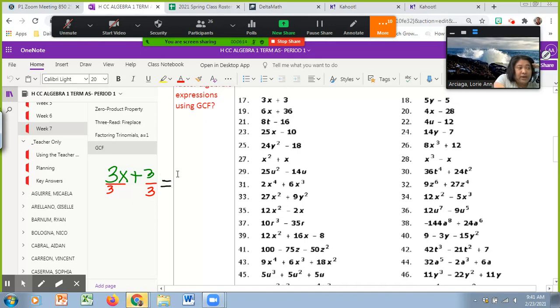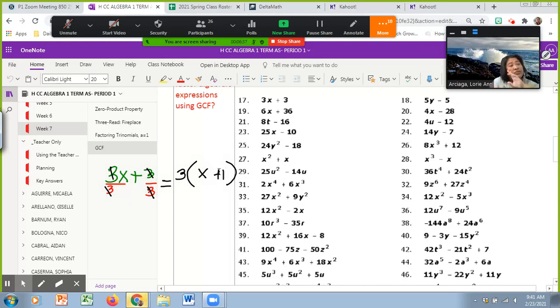You write 3, that's the GCF, and then the answer when you divide each of them by 3 goes inside the parentheses. So 3 divided by 3 is 1, 1 times x is x. And then 3 divided by 3 is 1 again, but there's a plus sign, so plus 1.